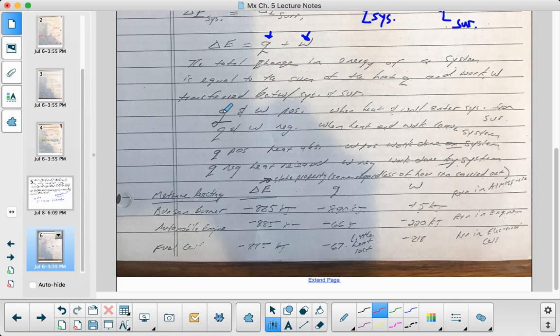We know how to tell if heat is positive or negative, but we can say that work is positive when work enters the system from the surroundings. Just like heat entering the system, work entering the system is positive. And when work leaves the system, the W is negative. What we're looking for is energy released.